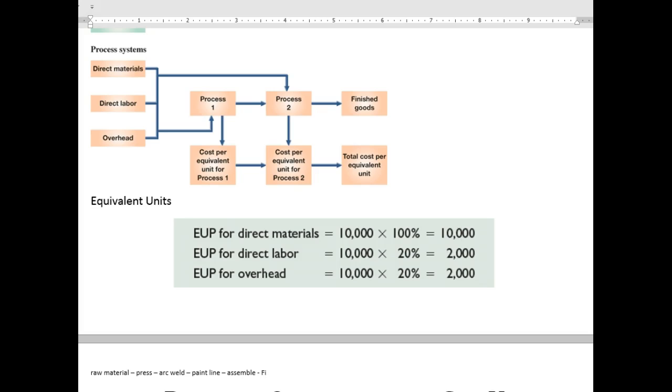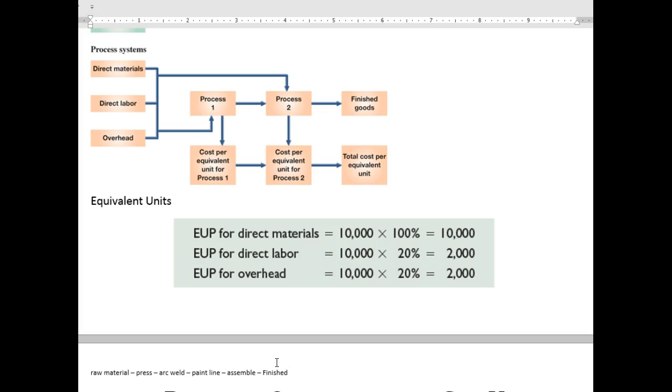So it's really hard to assign costs to a specific product when you're doing many of them that are all the same. So instead, each process or department, press would be a process 1, arc would be process 2, paint line would be 3, and assembly 4, and then finished goods or shipping or the warehouse would be the end product.